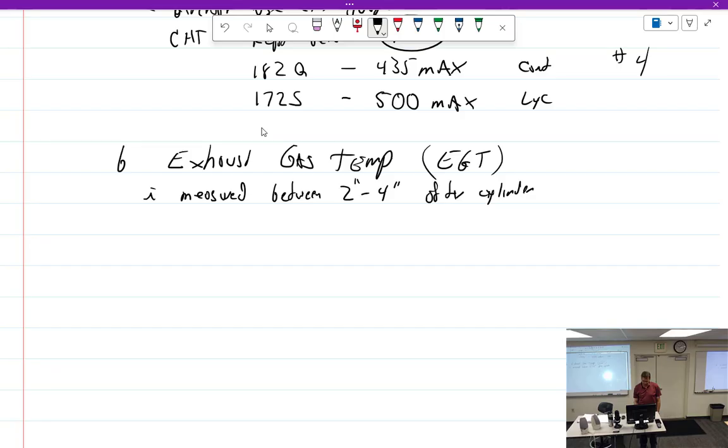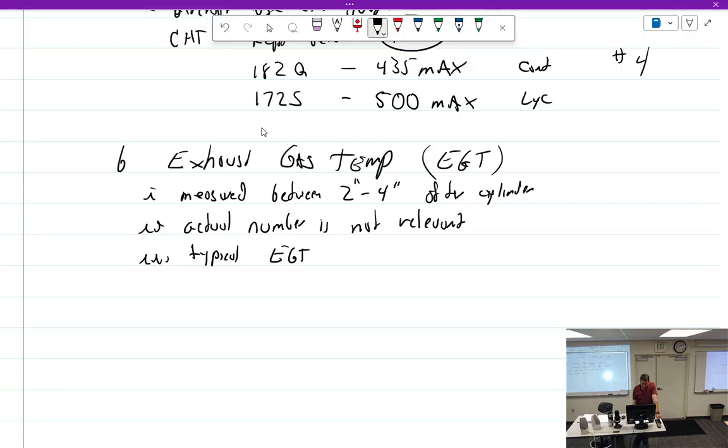Actual number is not relevant. The original one didn't even have it. Typical EGT is somewhere between like 1200 to 1700 degrees Fahrenheit.